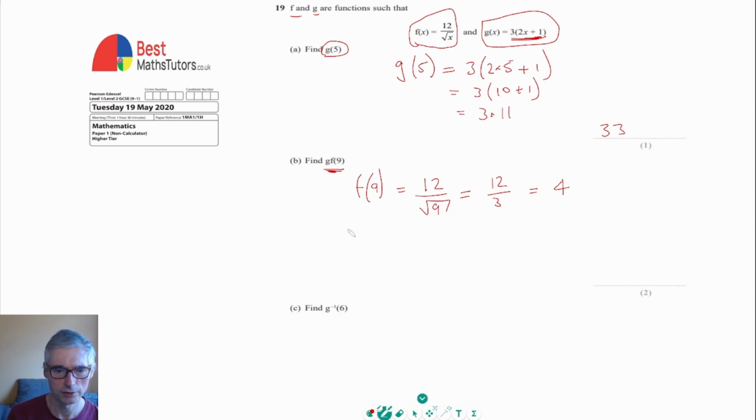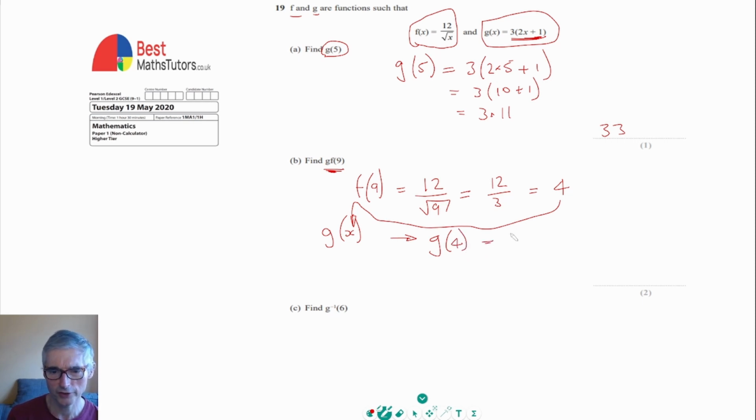And then I'm going to take my other function, the g function, and put into it the value that we've just got out when we put 9 into the f function. So we're going to find g of 4.